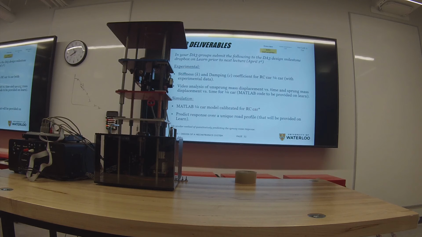Okay? What we're going to do is turn the lights off and take a video of this driving down the track. Hopefully I can do this now here. Plug this in and I'll show you what we're going to do.